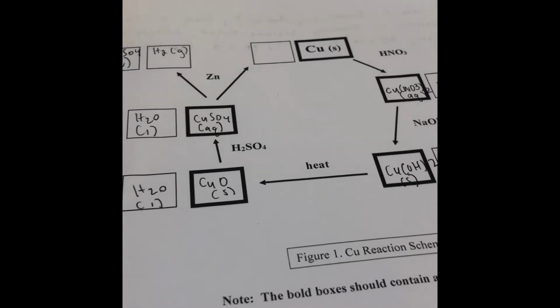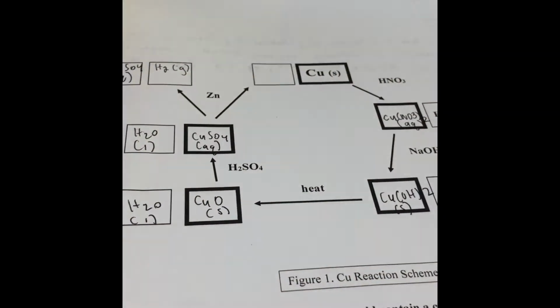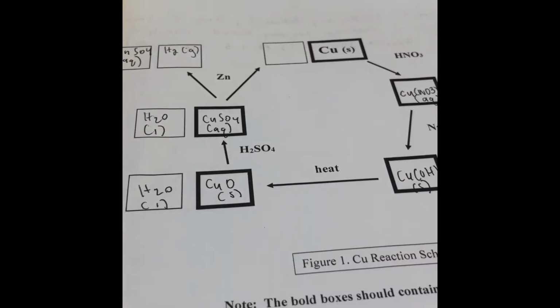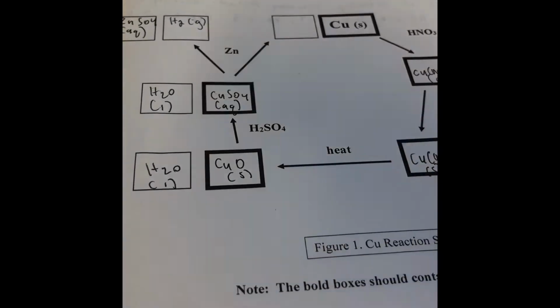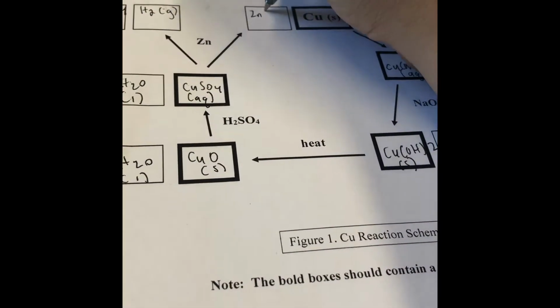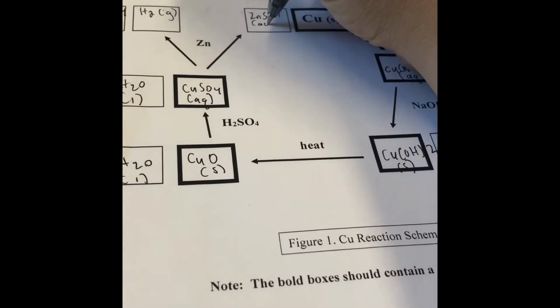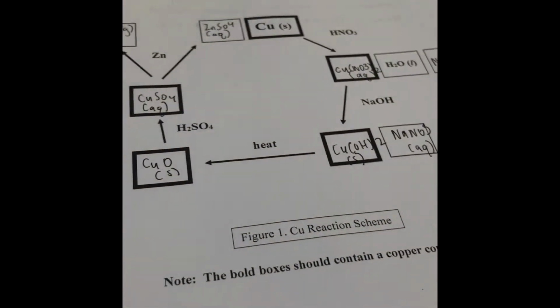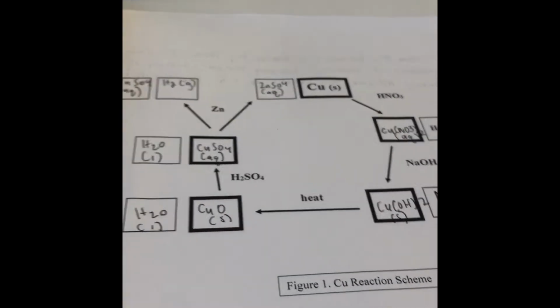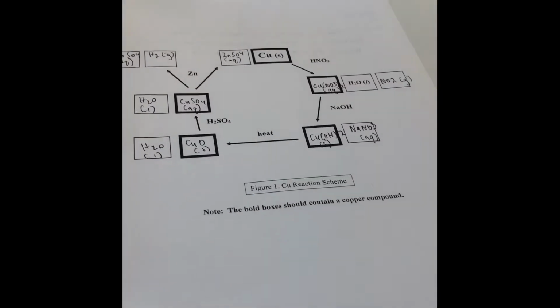It dissolved in the water to colorless once again. So we knew it was that because we were getting to the point where it should be turning back to zinc before it was to go back to copper. And then finally, before we get to the copper state, we're in that ZnSO4 aqueous state again, and then we ended up back with copper solid. So that is our copper reaction scheme that happened during experiment 2.